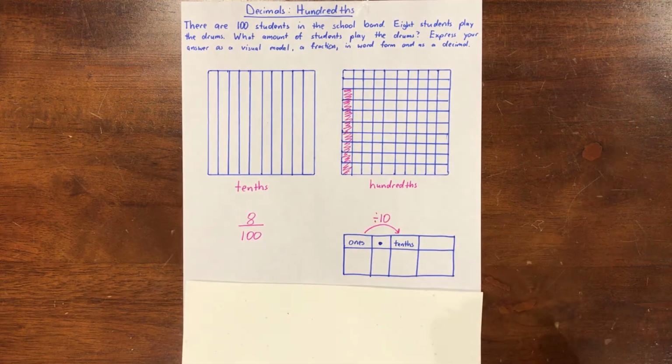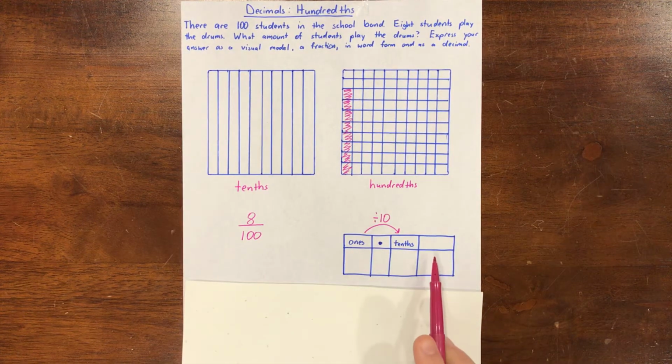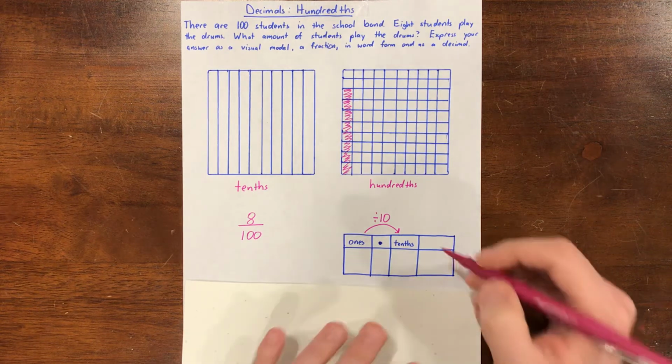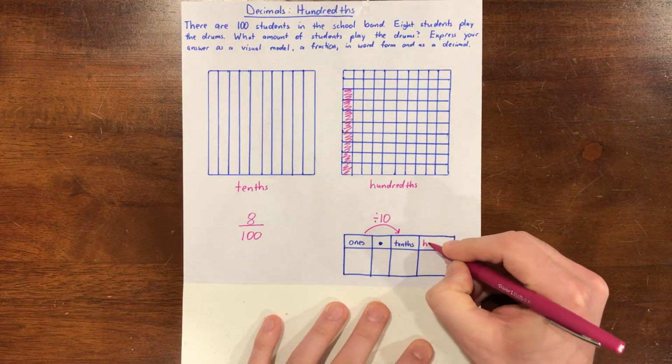Okay. So then, what do you think is the place value that's to the right of the tenths, and why would that be? Say it out loud. Yes, this is the hundredths place.